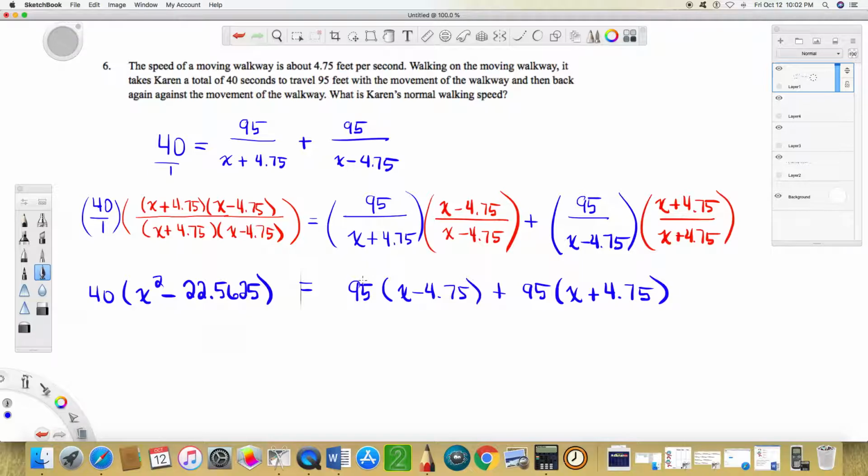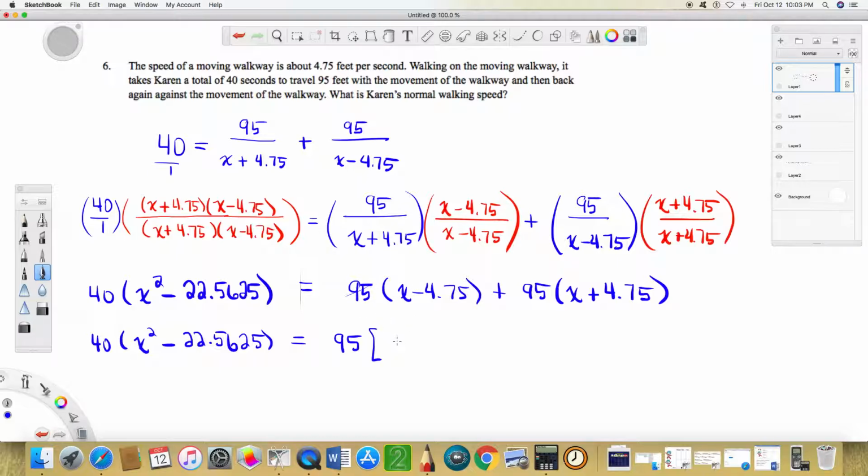So rather than distributing that 95 to both terms right now, what I'm actually going to do is factor that 95 out from these two terms. 95 is common to that first term.